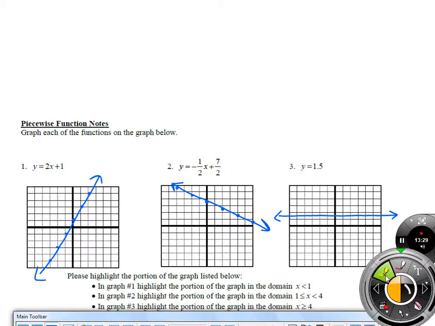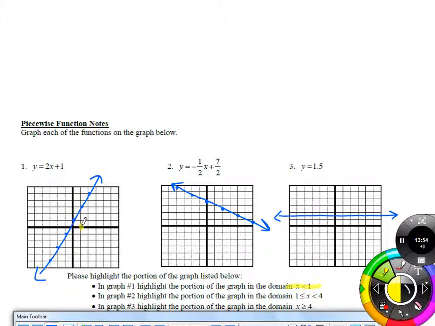So we're going to highlight some stuff on our graph. On the first graph, which means this line, I want to highlight the portion of my line that is in this domain. Okay? So x is less than 1. So look on the x-axis. Here is where x is 1.